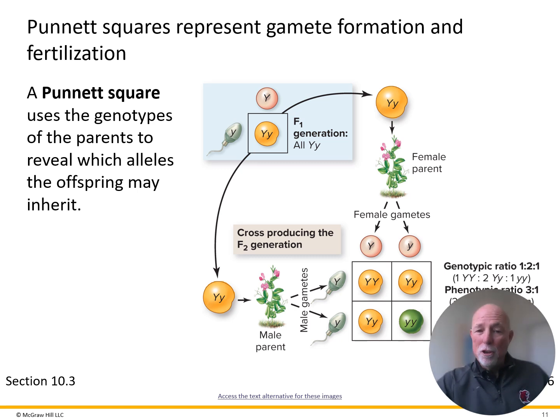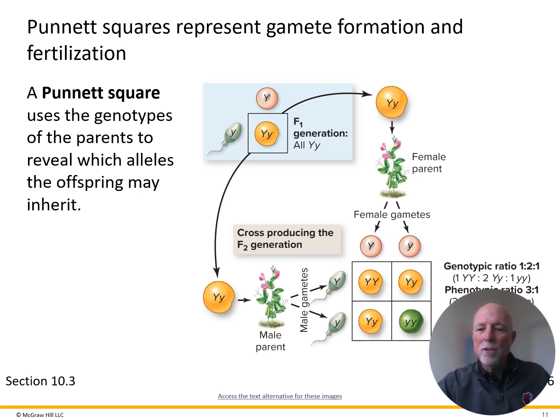So the genotypes are out of 4, so it's 25%, 25%, 25%, 25%, or 1/4, 1/4, 1/4, 1/4. So genotypes, 1/4 will be this, 1/2 will be this, 1/4 will be this.